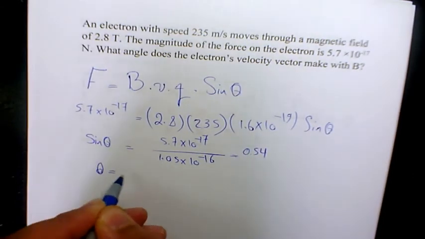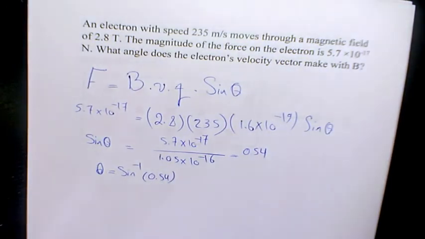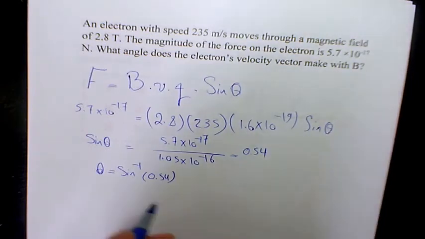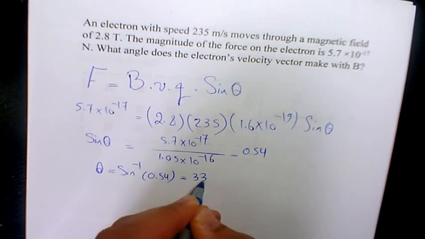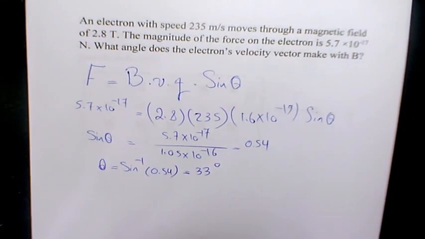So theta will be the inverse of sine 0.54. That will be almost 33 degrees. So that's the angle between the velocity vector and the magnetic field direction.